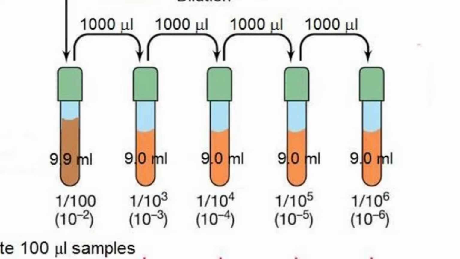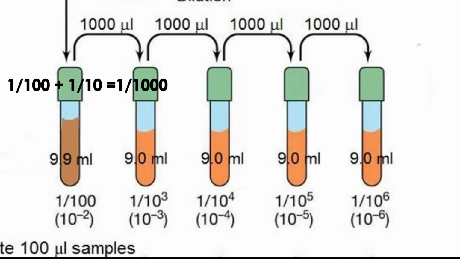But we have to remember, and we have to signify here, that what's in that second tube is not a 1 to 10 dilution of the actual sample. It's the product of both of the dilutions. So it is a 1 to 100 and a 1 to 10, or a 1 to 1,000, which we express in scientific notation as 10 to the minus 3.